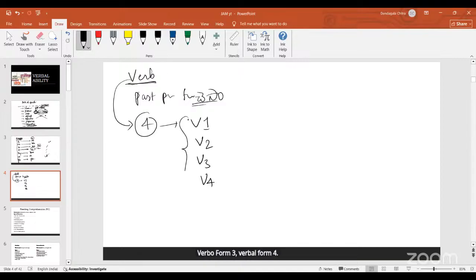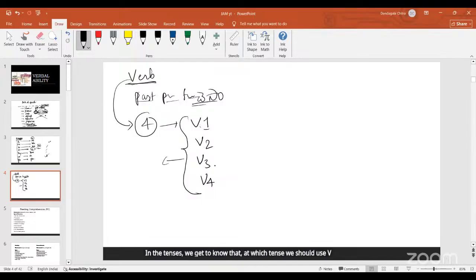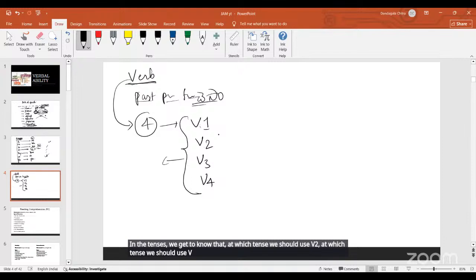These will change according to past, present, and future. That will be more clear once we're done with the tenses part. In the tenses, we get to know at which tense we should use V2, at which tense we should use V3, and so on.